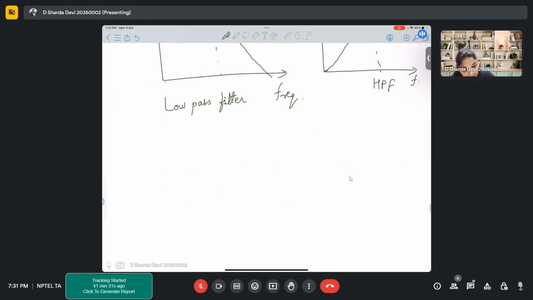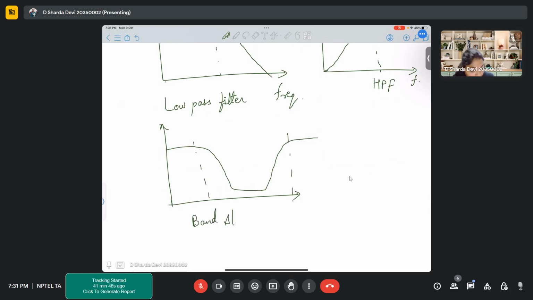Now, if you have behavior somewhat like this, what does this mean? It is a band stop filter, correct.